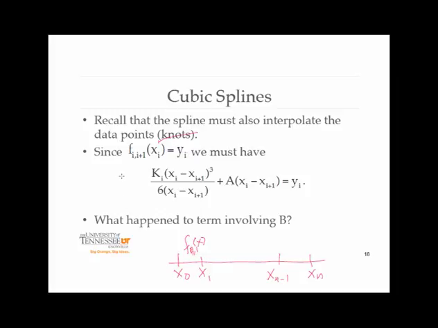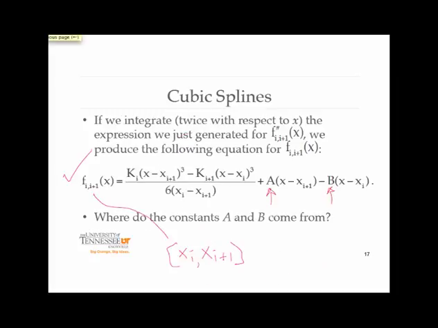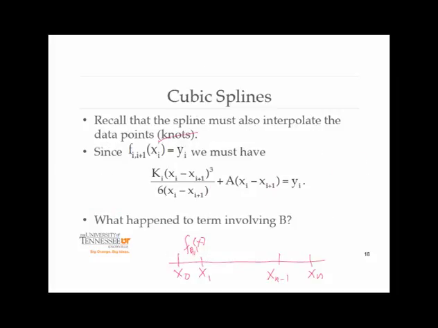Exploiting that fact and going back to the original equation you had in the previous slide, you plug in xi or xi plus 1, depending upon which you want, and some of these terms are going to go away. For example, if you plug in xi, notice this term is going to go away completely, as will this term as well. Okay? So what will happen is when you plug in xi, several terms go away, and this is what you're left with.